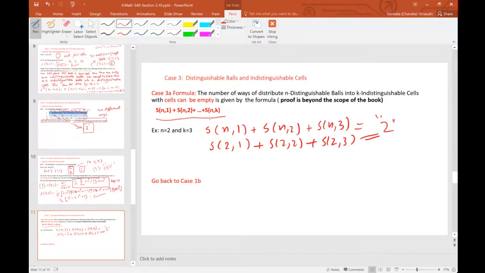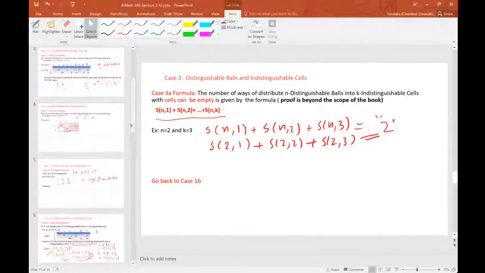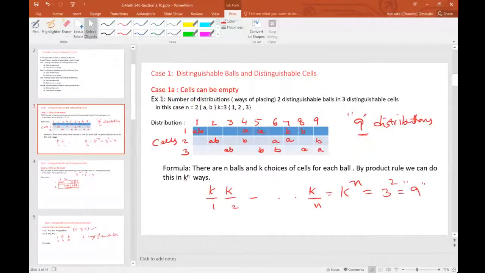Now, this S of n,k we defined just now is useful in coming up with the formula for case 1b, which I left. So I'm going to go back to case 1b and talk about it. This is case 1a, where the balls and cells, everything is distinguishable. How many ways you can put n balls in k cells and they can be empty?